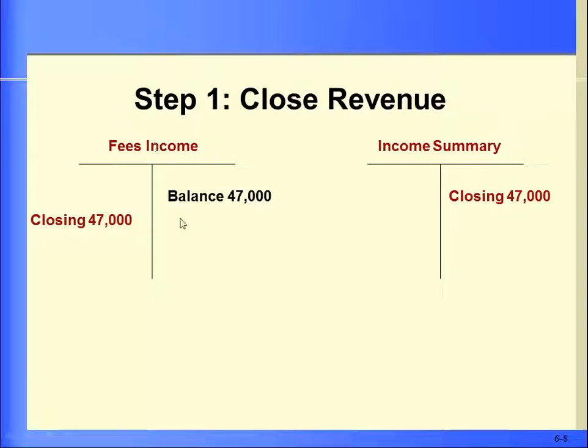You don't have the actual journal entry here, but what we're doing is we're going to debit fees income to make that a zero balance, and we're going to credit income summary. So we're basically recording a decrease in the revenue account, debiting it, which makes the corresponding income summary account a credit. Again, the goal here is to make a zero balance, and income summary now has a credit balance of 47,000.